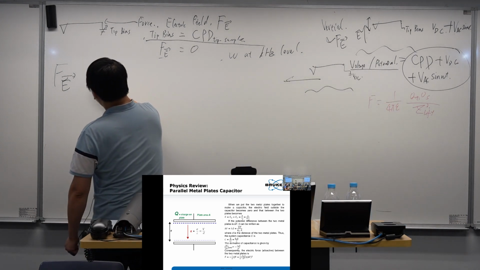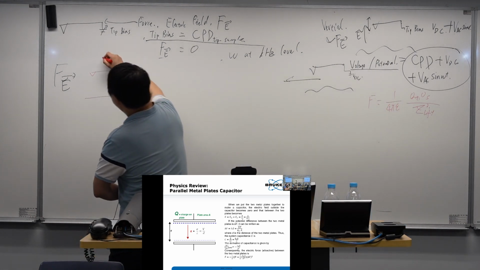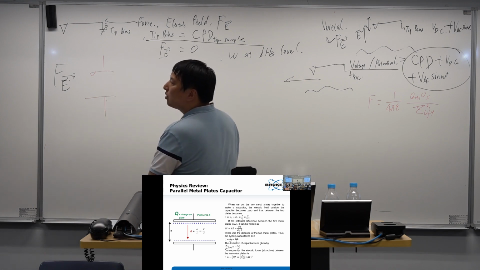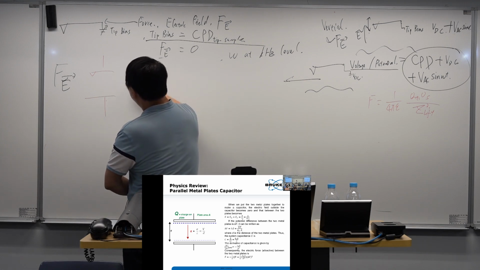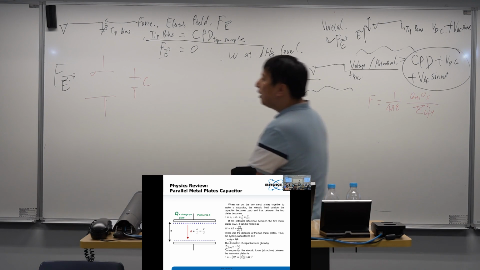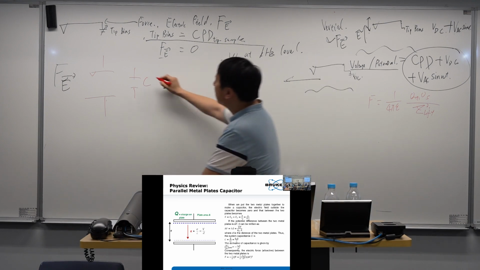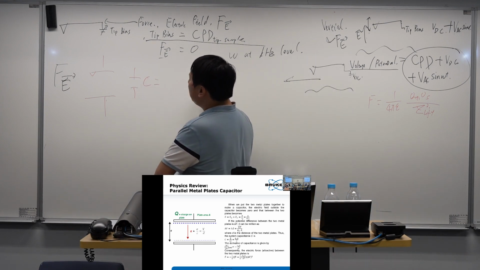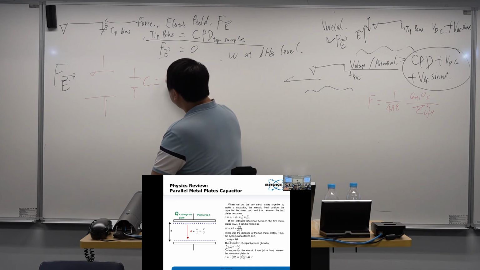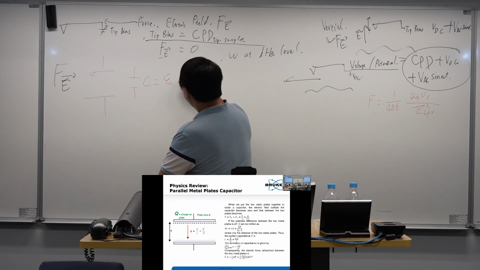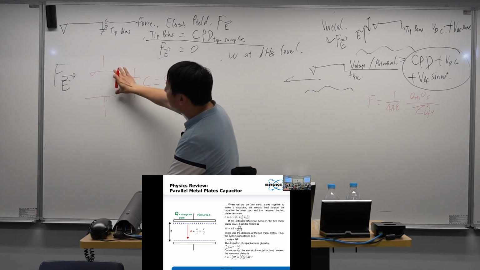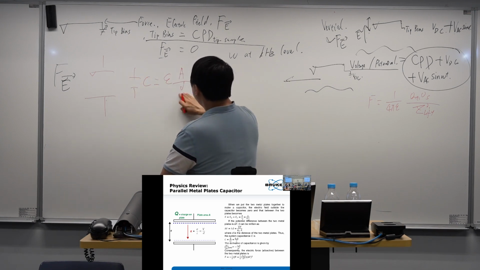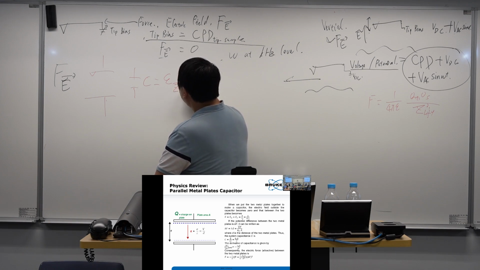This is the tip, this is the sample. It just looks like a capacitor. And the capacitance is just equal to epsilon A over D. The D here is the distance between the tip and the sample, which is the lift height.